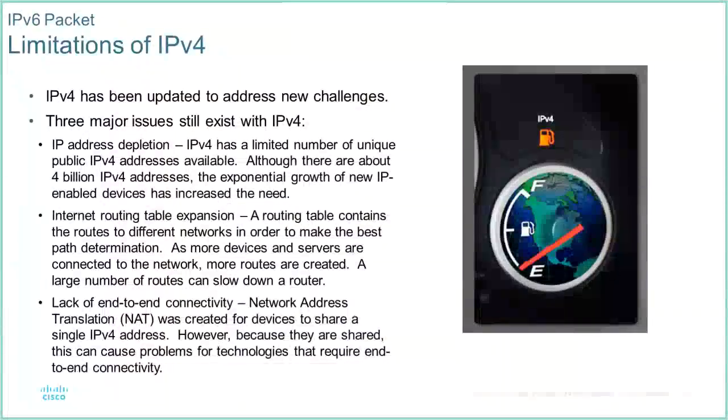So we had a couple of patches, if you like, that came out to extend the life of IPv4, and these were network address translation and port address translation and the CIDR notation. So we went from having a fixed network and host portion throughout the entire network to having a variable length, so that proportionality could change, which was part of the CIDR patch.